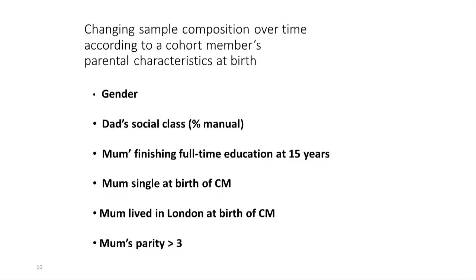So we can have a look at the impact of non-response or attrition over time in terms of dad's social class, when mum finished full-time education, whether mum was a single parent at birth, whether mother was living in London or not, and the number of pregnancies mum had recorded. Gender there, if you're perplexed, means the gender of the cohort member, not the parent.